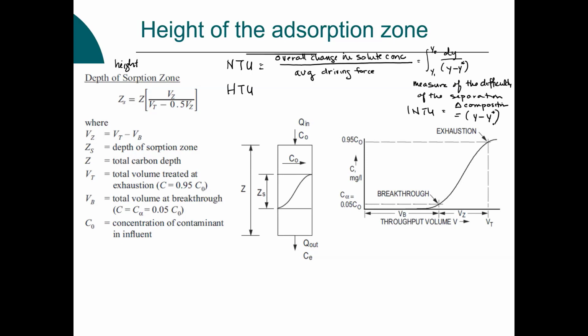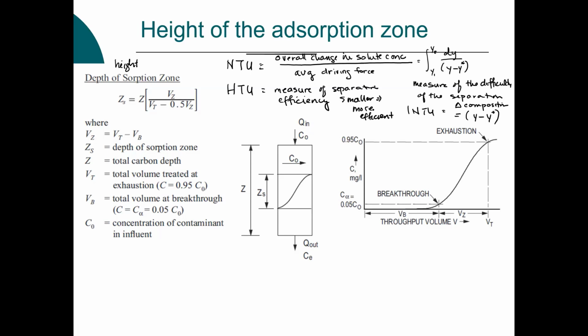The height of the transfer unit is a measure of separation efficiency. The smaller, this may seem counterintuitive, the smaller the height of the transfer unit, the more efficient.